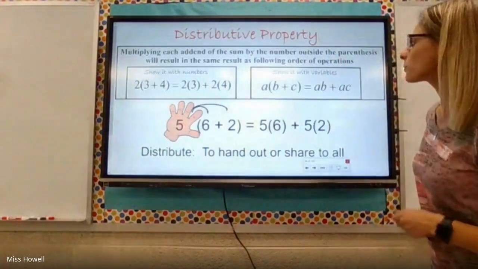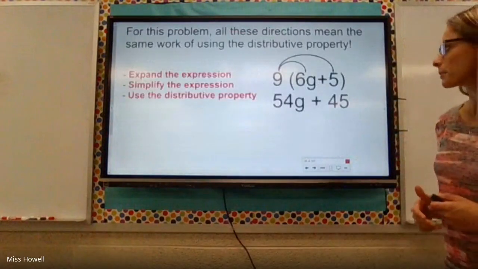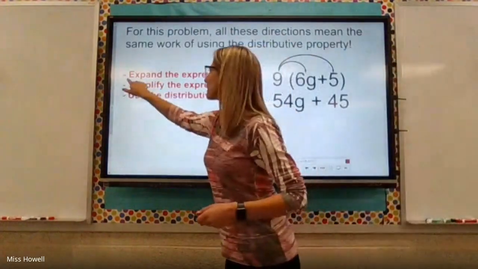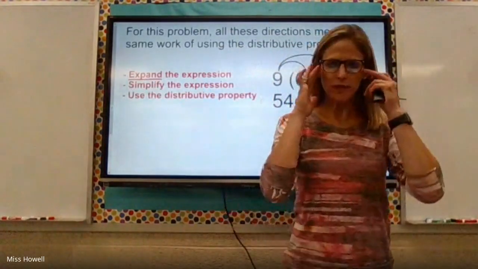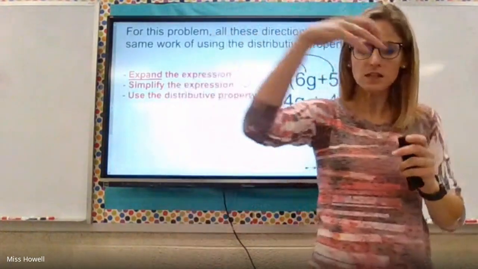Now, here's where things get a little bit confusing. When we're dealing with the distributive property, I could see instructions that say expand, and in my head, I have to go, that means do the distributive property. Expanding is the process of taking that outside thing and sharing it.